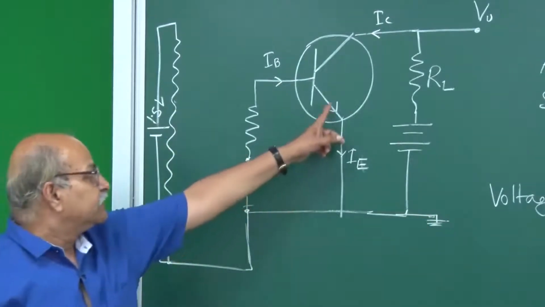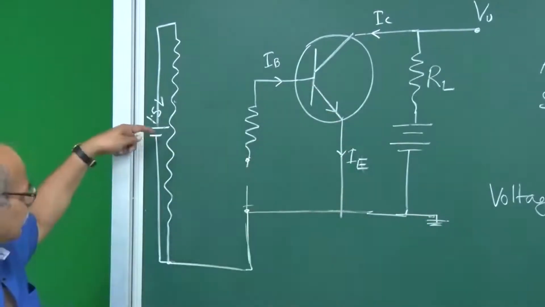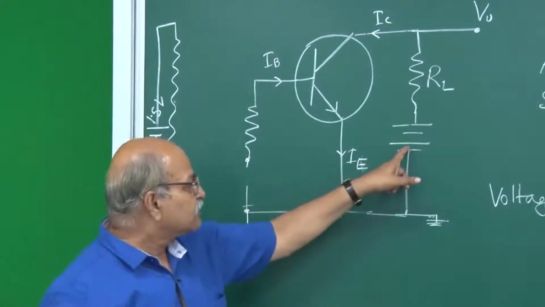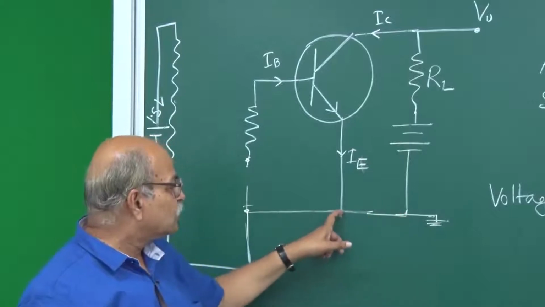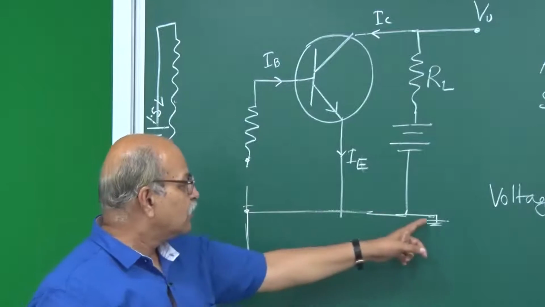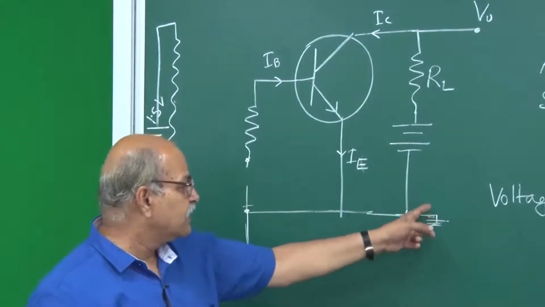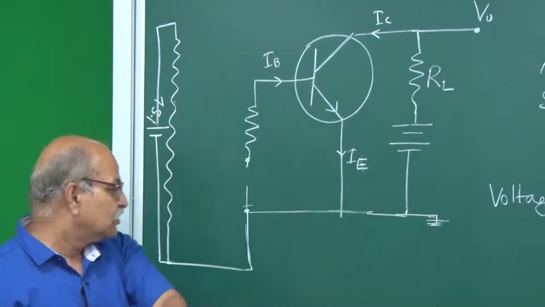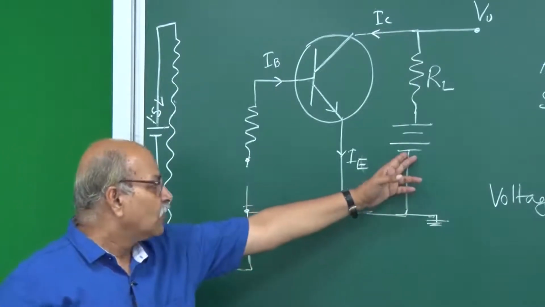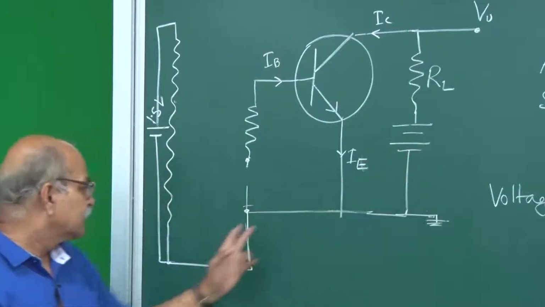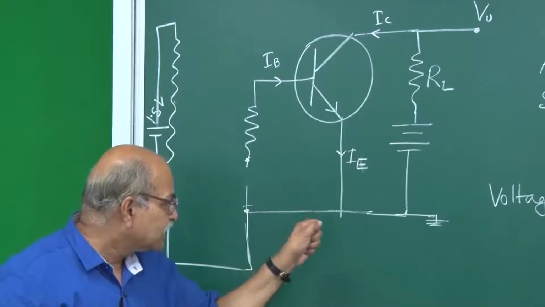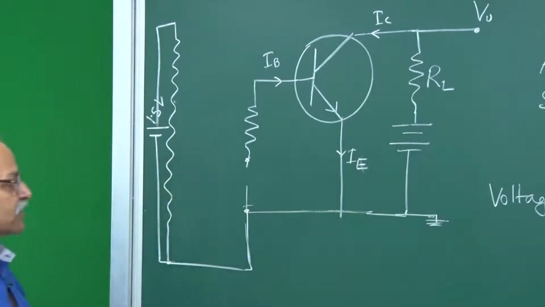You see the emitter terminal, the negative terminal of this battery here, and the negative terminal of this battery here, they are all connected together, and that is called 0 potential, which we call earthing or grounding. In the circuit also, all these negative terminals and this emitter will be joined at one place, which we will call 0 potential.